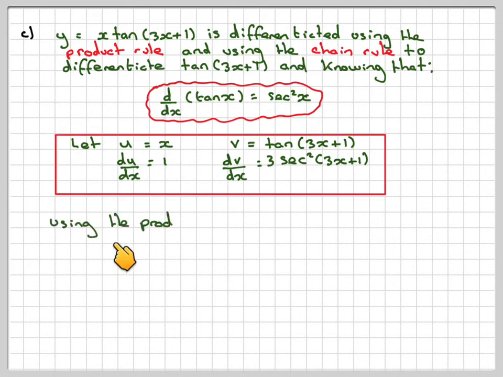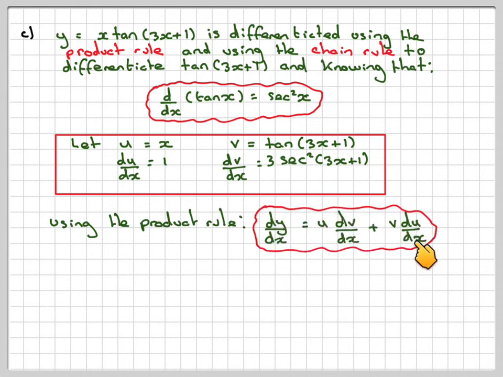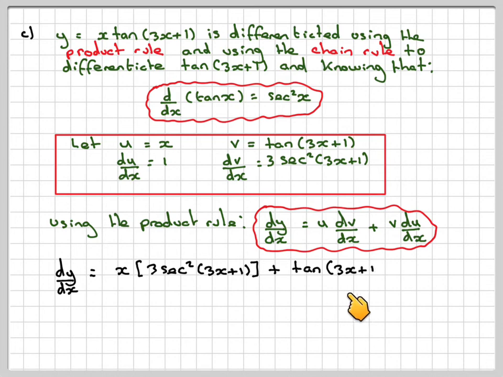So using the product rule, the product rule says dy by dx is u dv by dx plus v du by dx. That's not given in the formula booklet. So dy by dx will be u, which is x, times dv by dx, which is all of this, 3 sec squared(3x plus 1), plus v, which is tan(3x plus 1), times the derivative of u, which is just 1.